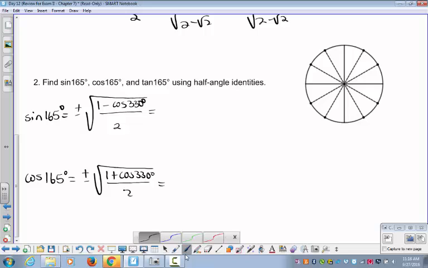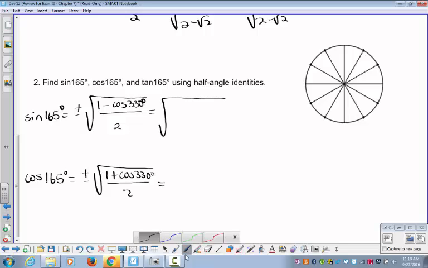All right, let's go through these guys. So first I just wrote them up there based on the identity. I haven't really thought about whether it should be positive or negative. What quadrant is 165 in? Second quadrant, 165. So the sine, is it going to be positive or negative?